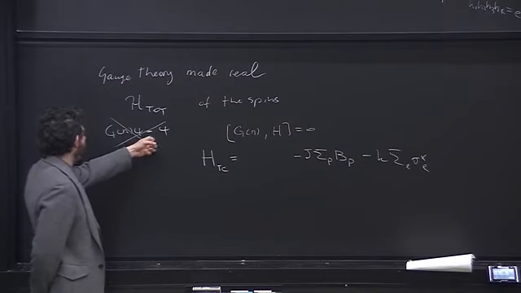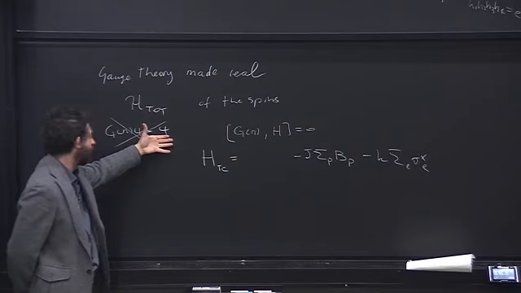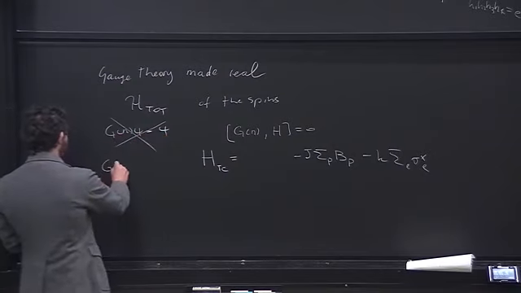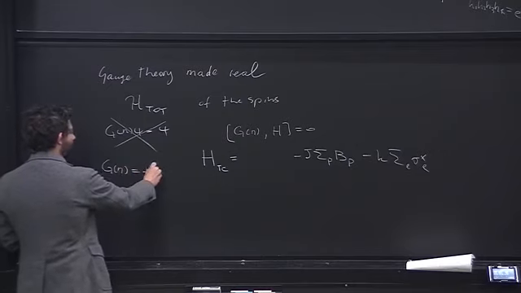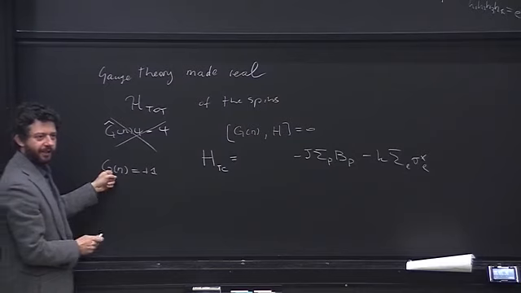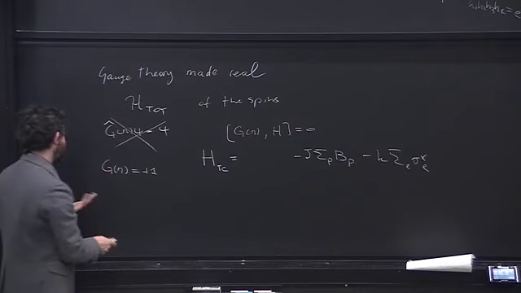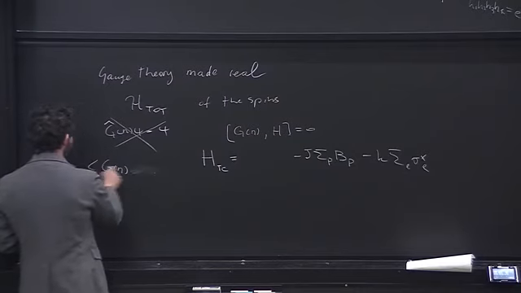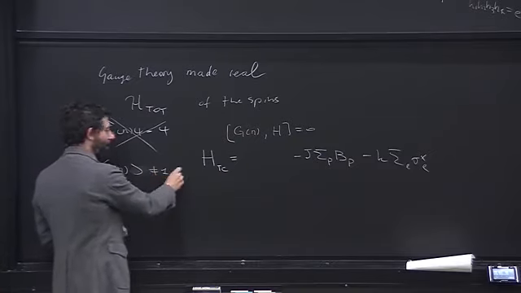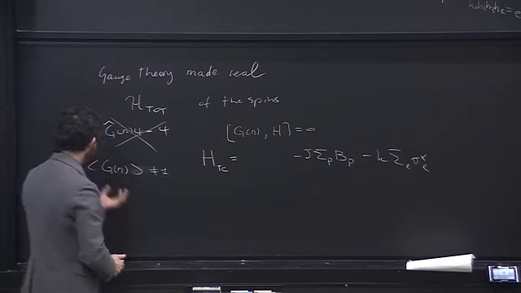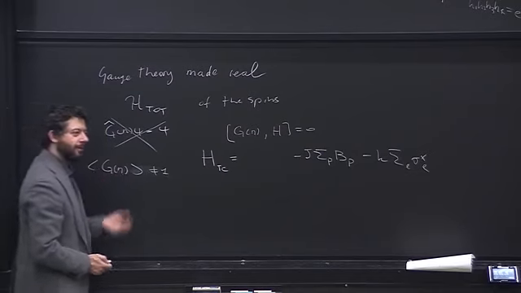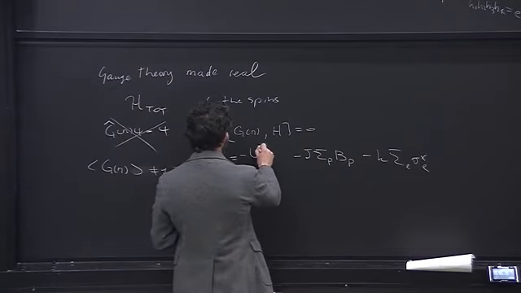So because now I have these states in which this is not true, it's not true that Gn psi is equal to psi, so it's not true that Gn is always equal +1, the eigenvalue. This is the operator, this is the eigenvalue. So in particular, it could happen that this guy has some expectation value different from 1. And this is a local operator. So I can put it in the Hamiltonian with the coupling constant.